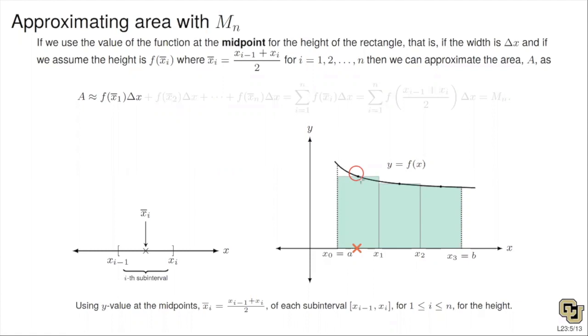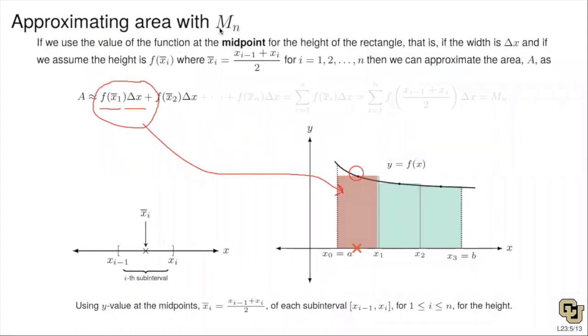Then I'm creating the rectangle using the y value at the midpoint as the height, and then we're doing our usual height times width. It's important you see that here. We're doing height times width, and we're finding the area of this first subrectangle. And then we just do this procedure again and again until we're done.